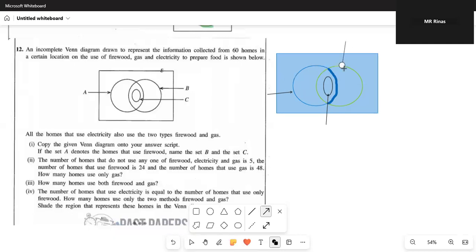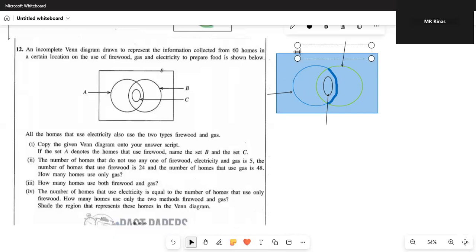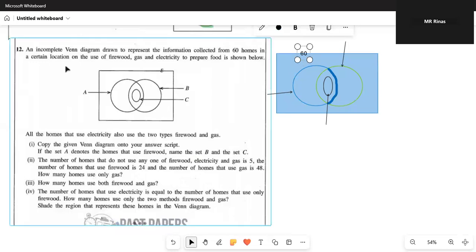So in the question they told that this was collected from 60 homes. So the total number of the event is 60. So there is 60 homes in a certain location on the use of firewood, gas and electricity to prepare the food, as shown below.